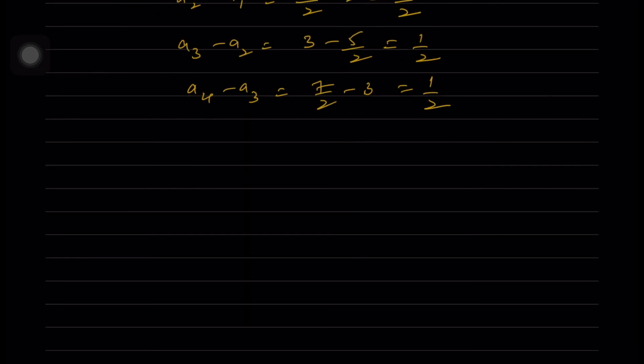So therefore we have A2 minus A1 is equal to A3 minus A2, which is equal to A4 minus A3, which is equal to half, and so on.